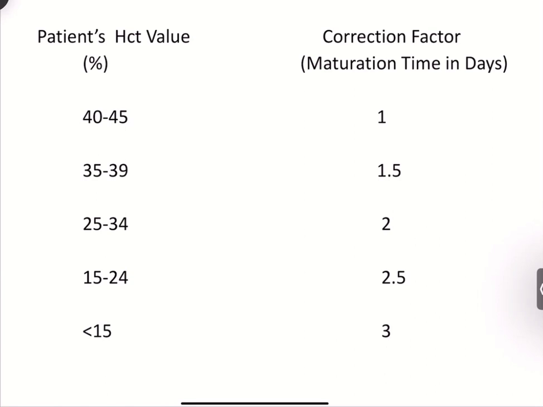If the patient has a hematocrit in percent of 40 to 45, which is the normal count, it will be 1 day. That is the correction factor. 35 to 39 will be 1.5. 25 to 34 will be 2. 15 to 24, 2.5. And less than 15 is 3. The lower the hematocrit value, the higher the correction factor we will use for the maturation time in days in your RPI.